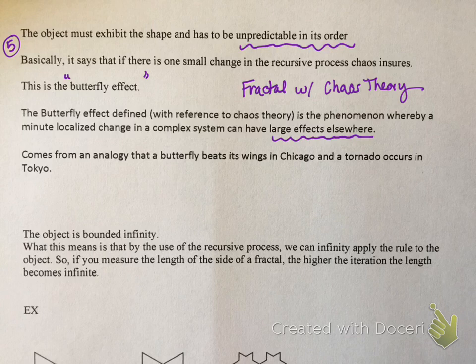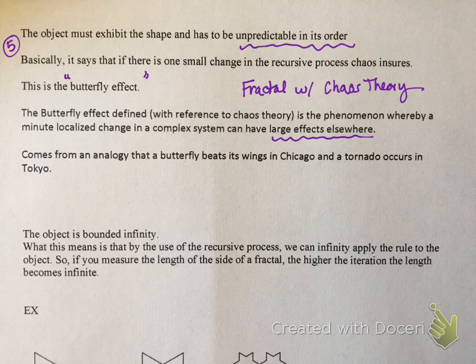The reason why it's called butterfly is because there's a theory that states that if a butterfly beats its wings in Chicago, it can create a tornado in Tokyo. If you want more information, look it up on YouTube. There's tons of videos talking about the butterfly effect and chaos theory. So once again, fractals and chaos go hand in hand, and for an object to be a fractal, it has to have unpredictability in its order.